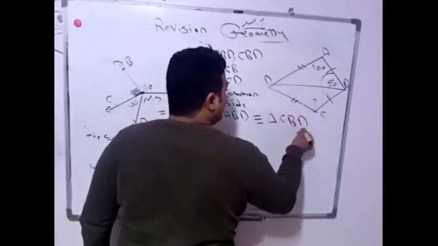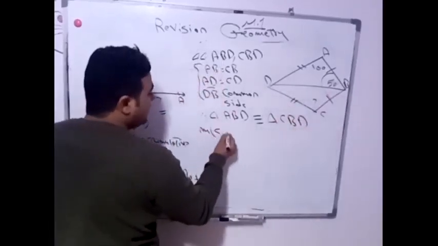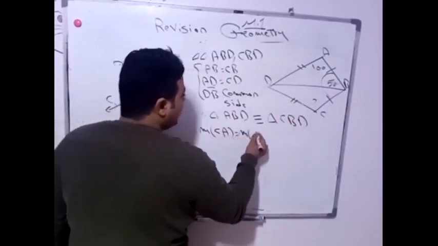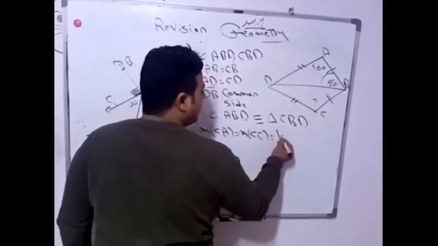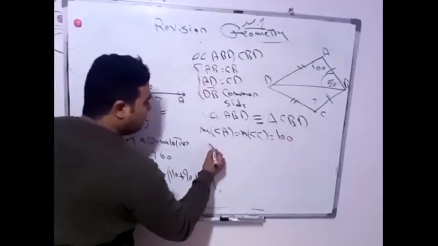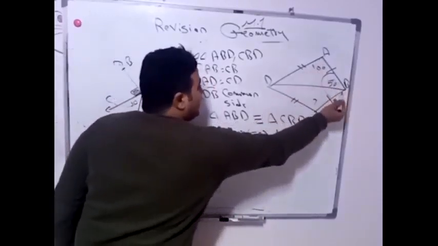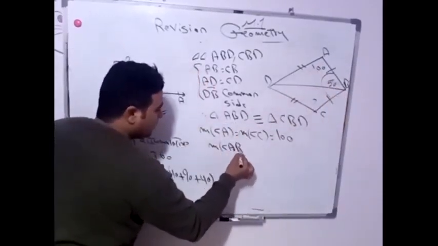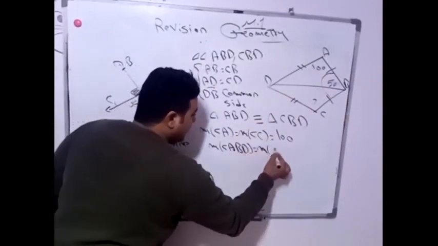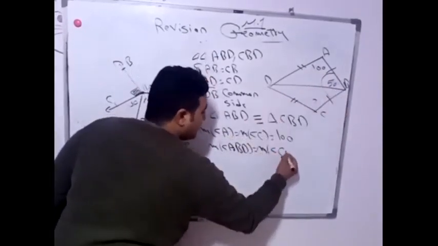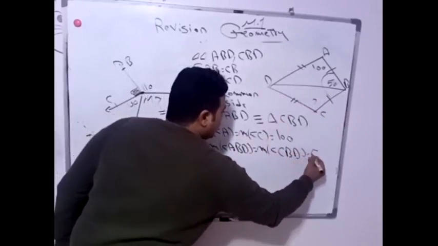So now we get measure angle A equal measure angle C equal 100, and measure angle ABD equal measure angle CBD equal 50 degrees.